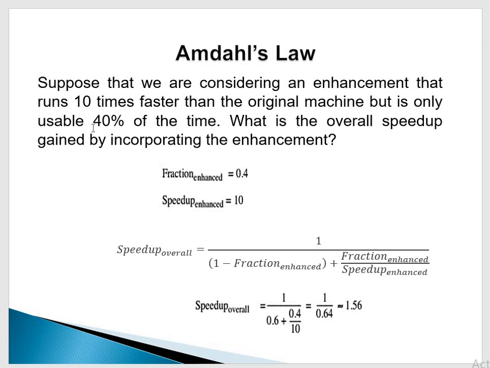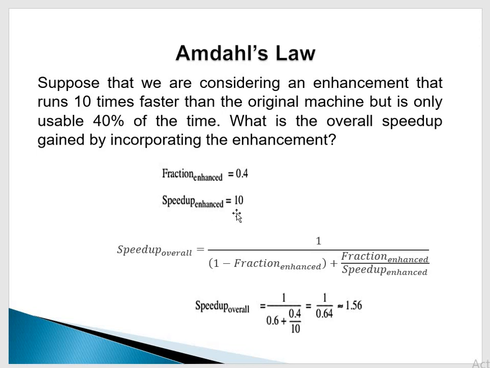We have enhanced the performance of the machine on the 40% portion of the total machine. So the fraction enhanced will be 0.4, and once we enhance the performance on the 40% portion of the total machine, the speed of that particular portion was 10 times faster than the speed of its original machine.